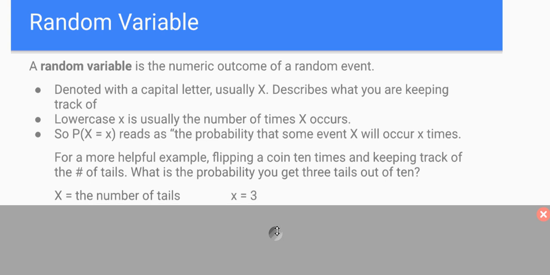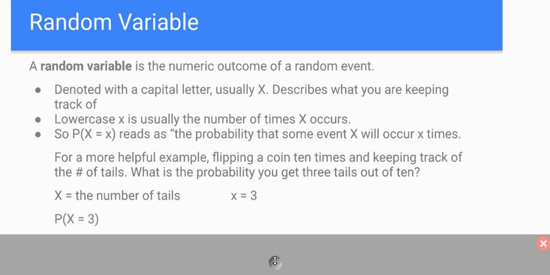The lowercase x is 3 because we're finding the probability that the number of tails, capital X, equals 3, lowercase x. So it's not a bad idea to jot the letters down: capital X equals what are we keeping track of, and then whatever number you're looking for goes in there.